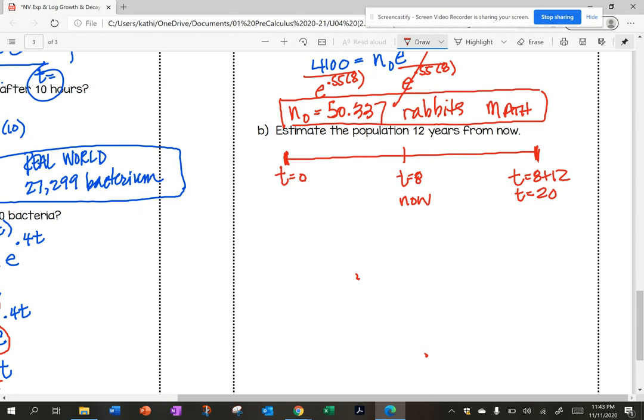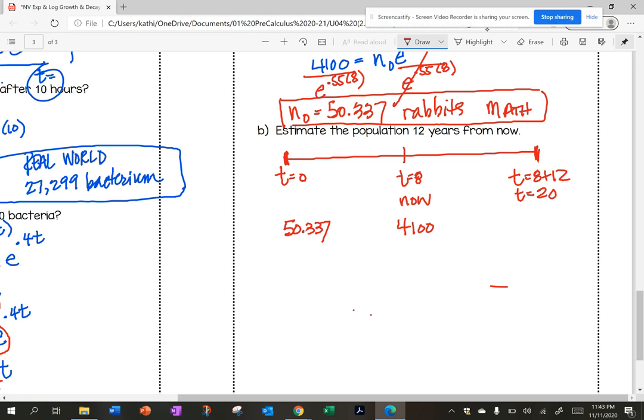So at t equals 0, how many rabbits do I have? So at t equals 0, we're saying I have 50.337 rabbits. Right now, I have 4,100 rabbits.